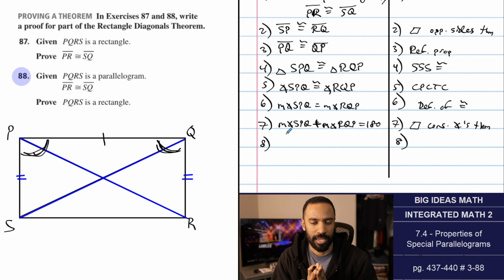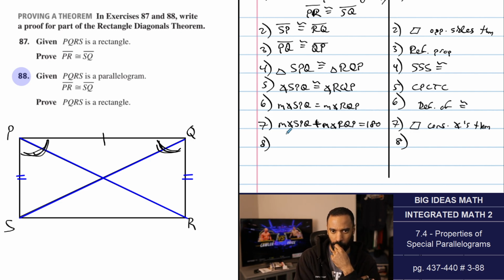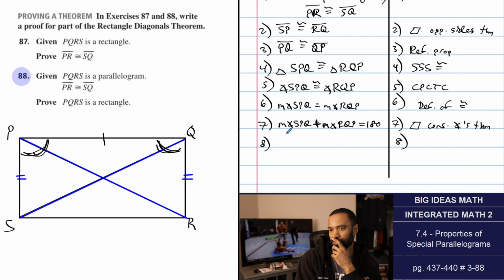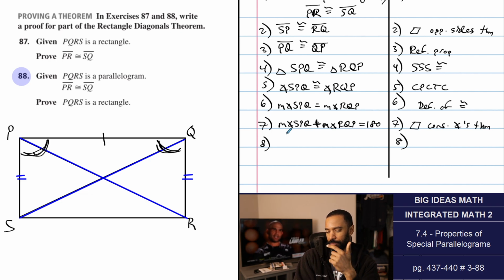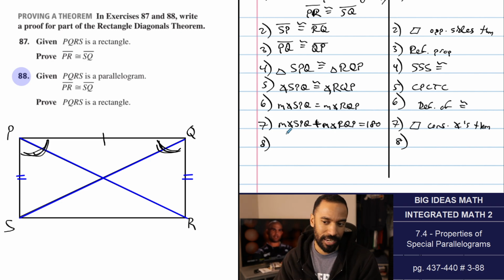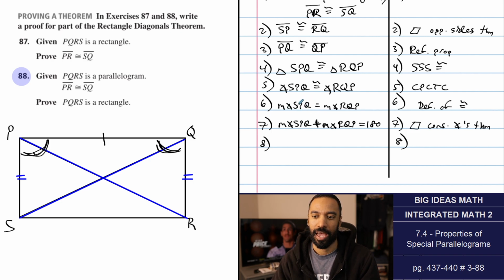If I can state they add to 180, I can do a substitution. I can have one take the place of the other and just say it's 90. I can make sure they're both 90 at the same time. SPQ can take RQP's place, and RQP can take SPQ's place. At the same time, I can make them both right angles.